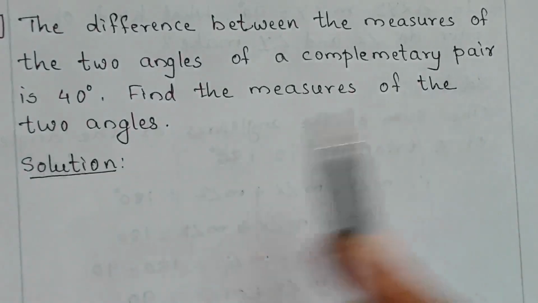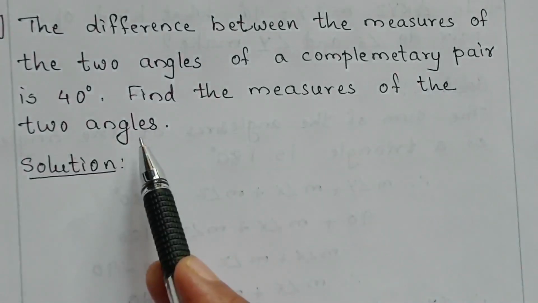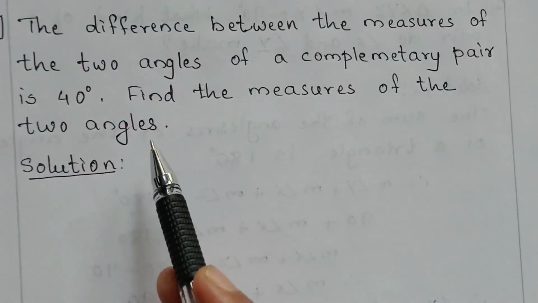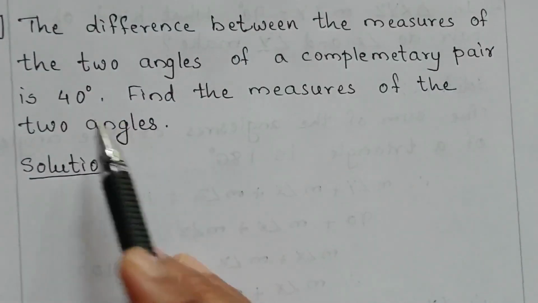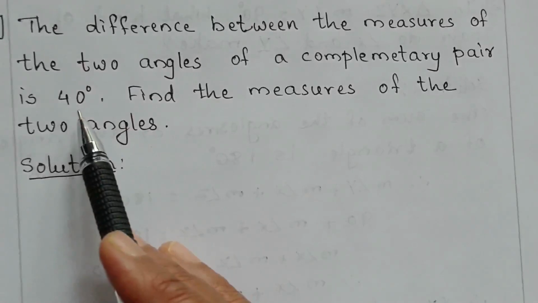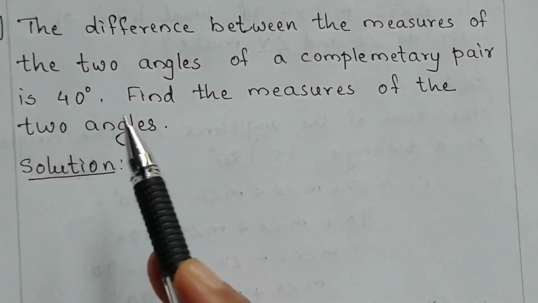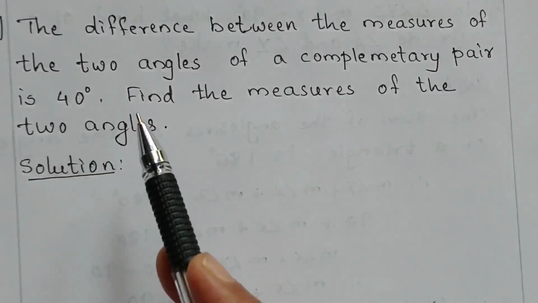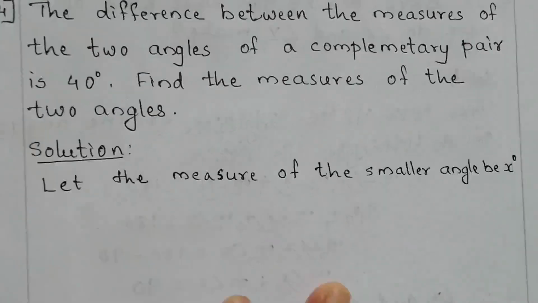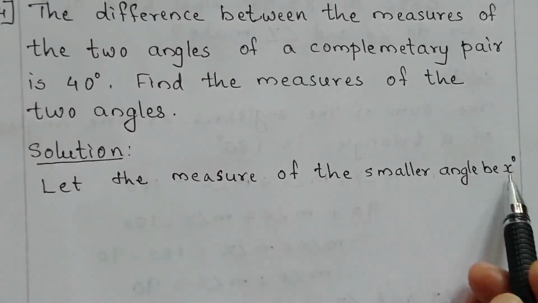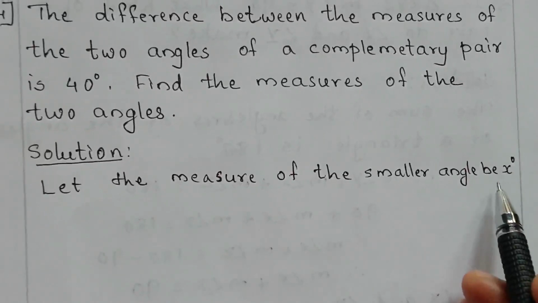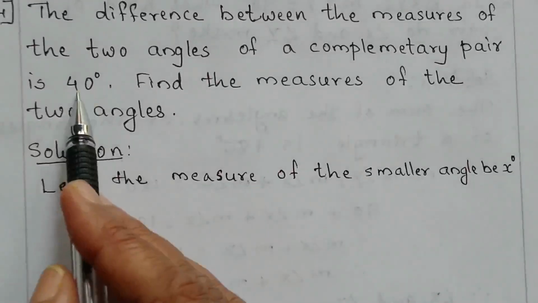Find the measure of the two angles. Two angles are there, they are complementary angles, and the difference between them is 40 degree. So let us take the measure of the smaller angle as x degree. Let the measure of the smaller angle be x. The difference between the two angles is 40, it's given.